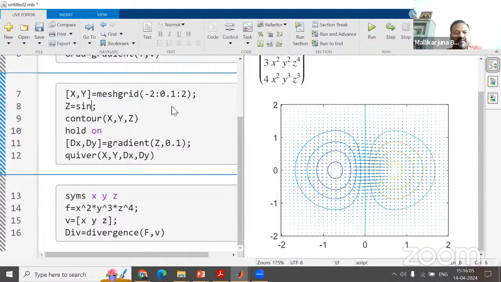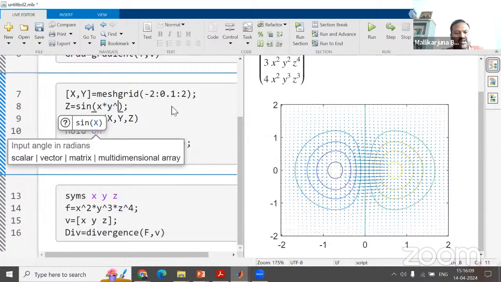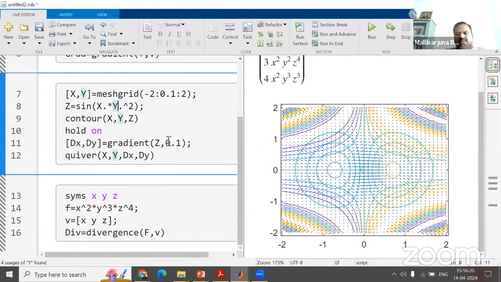Suppose I'll take sine x y square, suppose. Let me take capital. You can see what we'll get. That will be different. It all depends on what the curve it is.